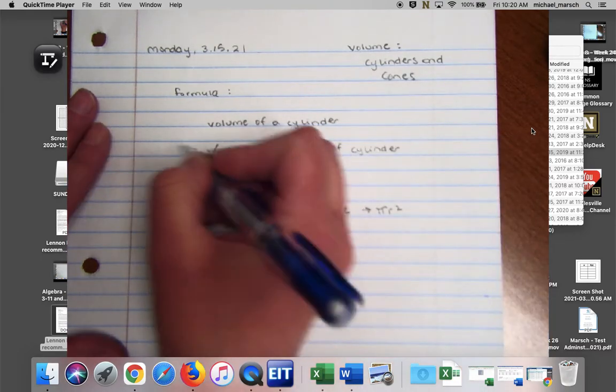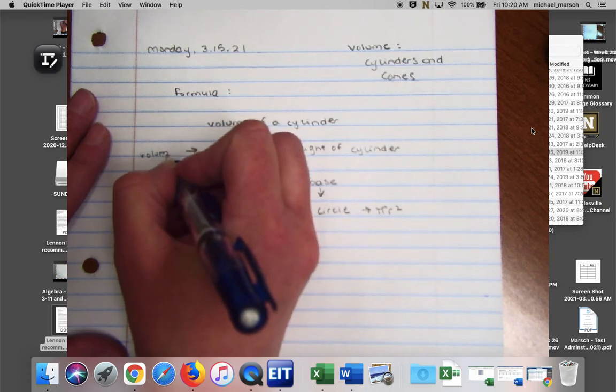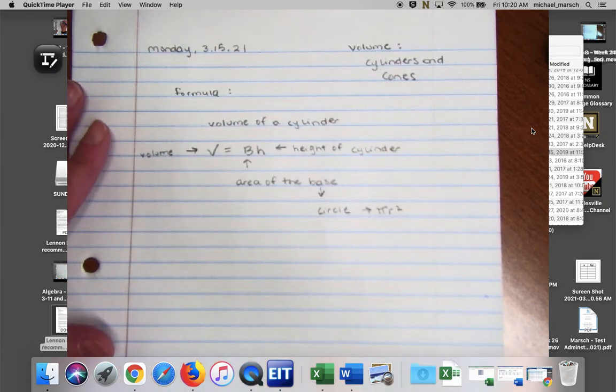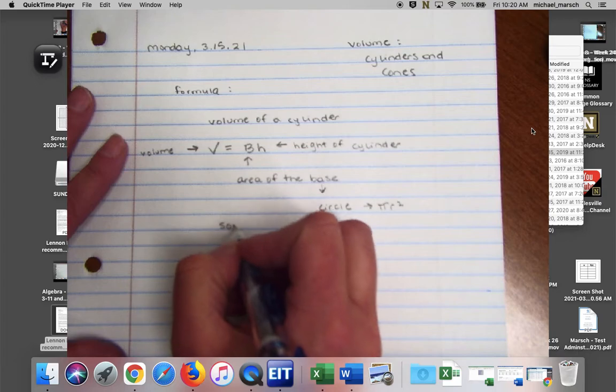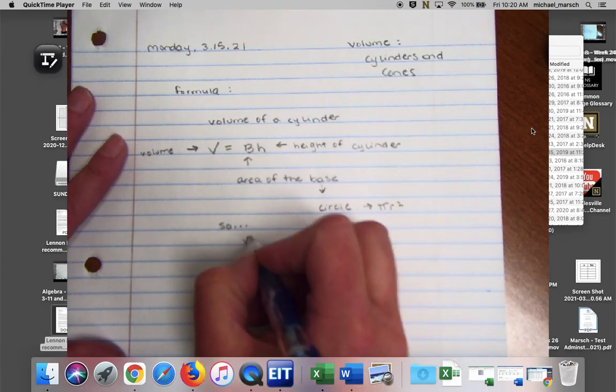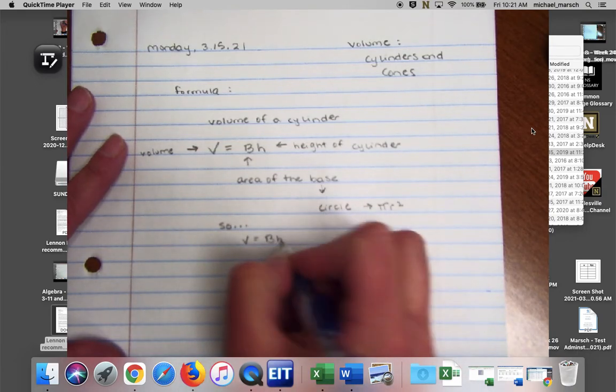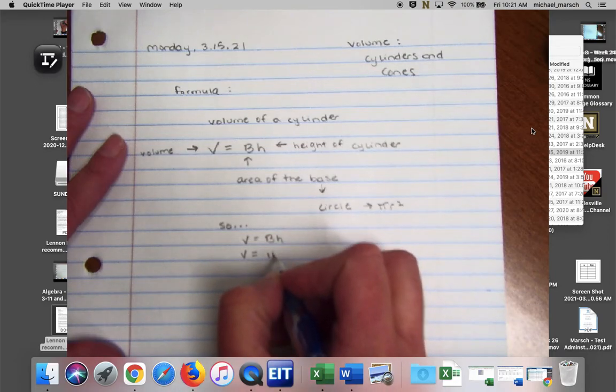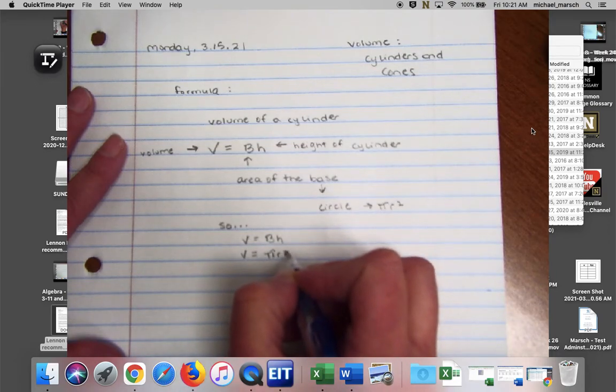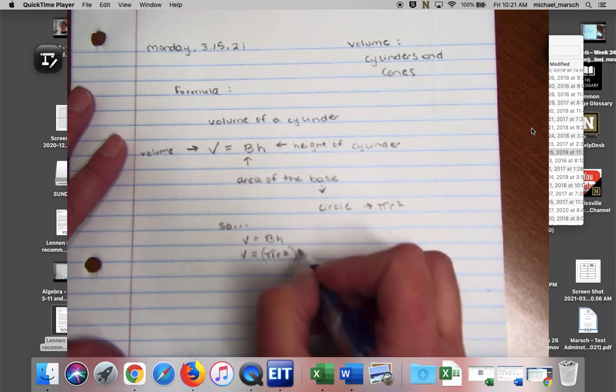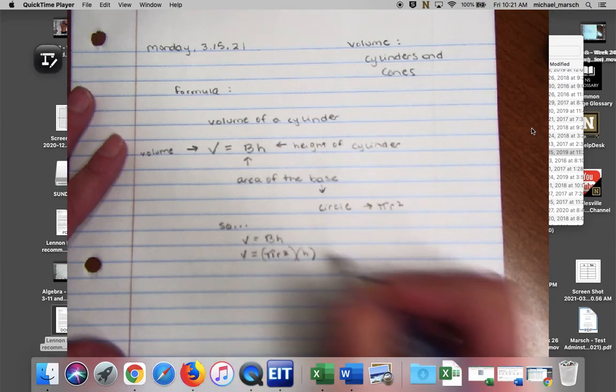And V, of course, is volume. So volume equals capital B times H. In this case, it would be pi r squared, which is our capital B, times the height.